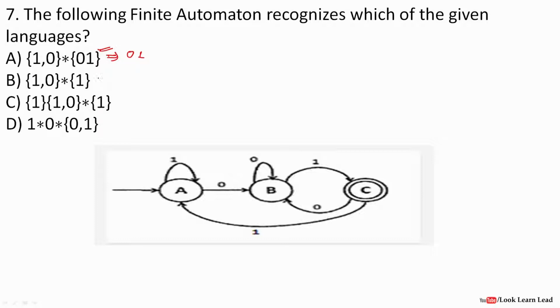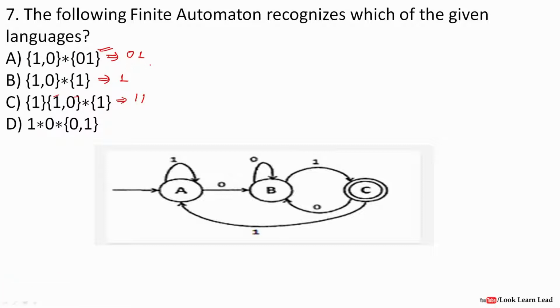The smallest string from B is 1, because it is an asterisk over this, so it can be there, it cannot be there. The smallest string from C is, asterisk is for 1 or 0 only, so 1, 1.